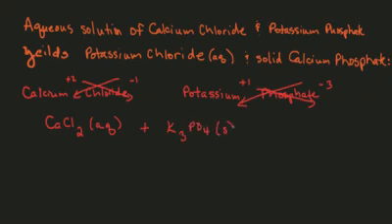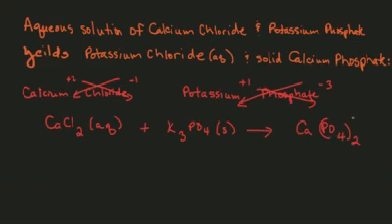And when we let them react, we get a solid of calcium phosphate. So it's going to be calcium PO3. But the +2 of the calcium becomes the subscript for the phosphate polyatomic ion.